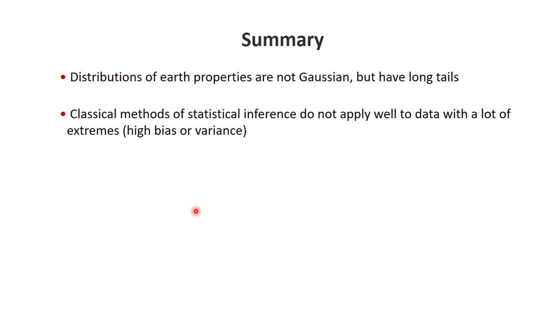I've shown a simple Monte Carlo study, but you can do more. The classical methods of statistical inference do not apply well to these kinds of data, simply because they don't focus on the extremes. Why would you worry about the small stones in your sample when you're really interested in the extreme?